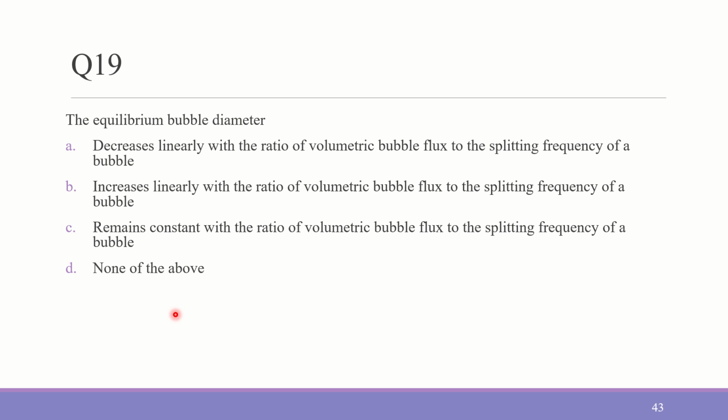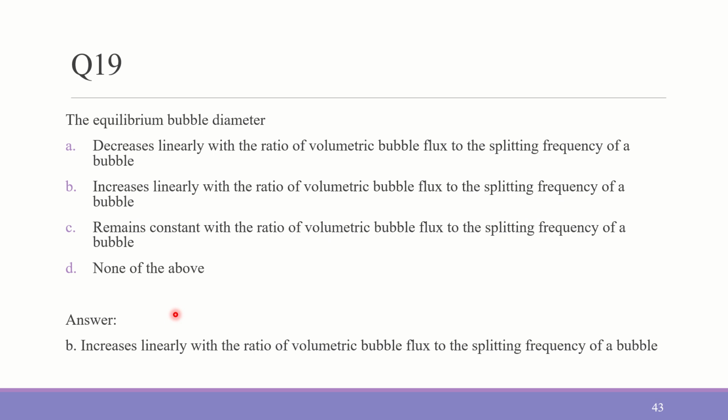Now I guess it is produced per unit area. So the answer is option B. It increases linearly with the ratio of volumetric bubble flux to the splitting frequency of a bubble. What happens is that when the ratio of volumetric bubble flux to splitting frequency increases, the equilibrium bubble diameter also increases.